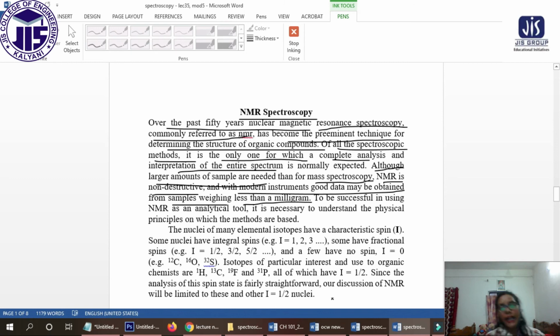In our previous classes we have discussed UV and IR. For UV absorption, if we give some energy to the molecule, an electronic transition will take place. That means they will transit from the ground level to a higher excited level, but that is not their stable state.